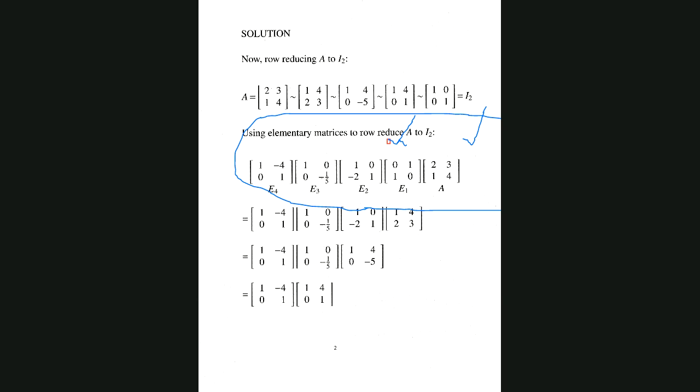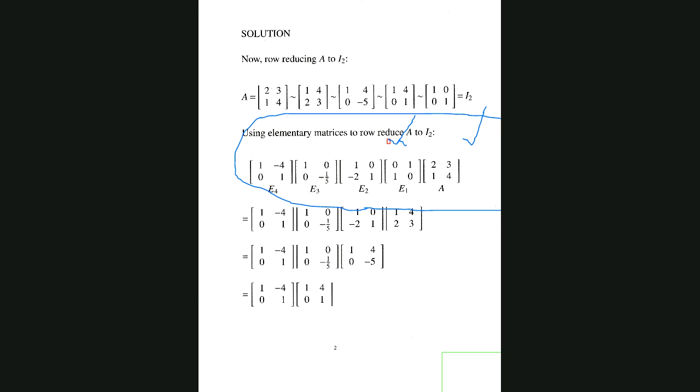Okay, well, if we take the elementary matrix 1, 0, negative 2, 1 and multiply it by the 1, 4, 2, 3, that will get us 1, 4, 0, negative 5.